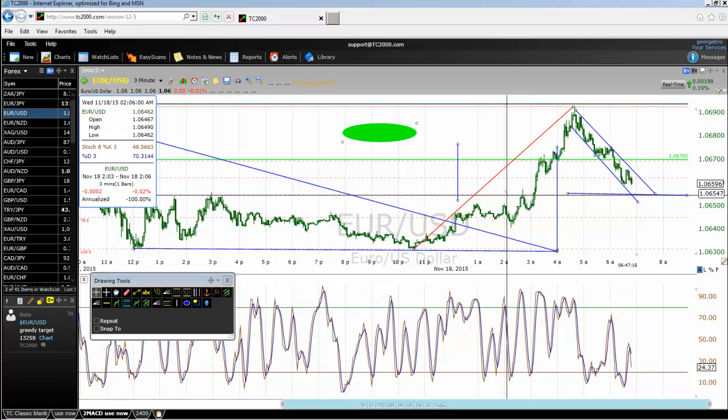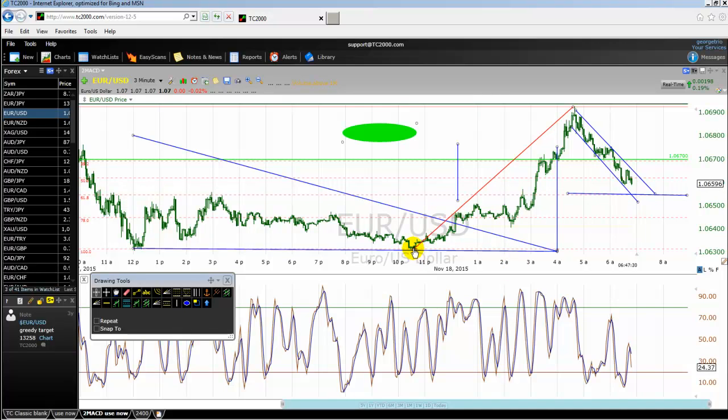So if I deduct 30 pips out of that, that's 106.25. So my conservative 30 pips stop loss should be at 106.25, which is below the support here, below that. So I can say, okay, I place it here, 30 pips.